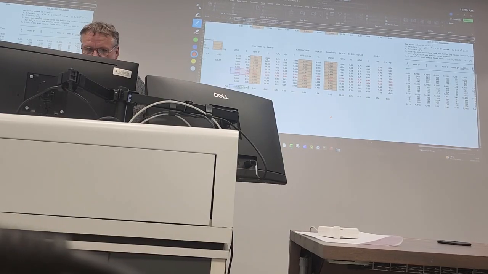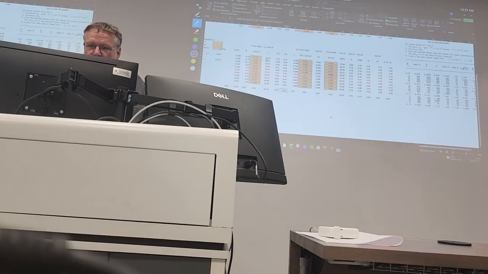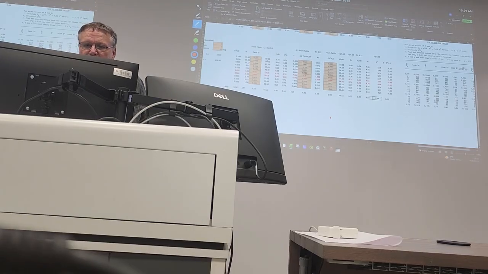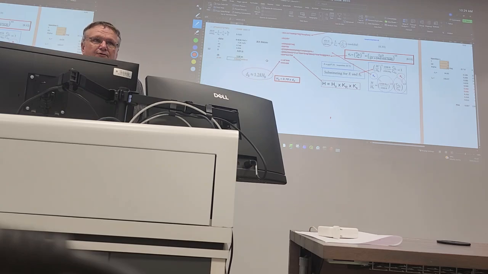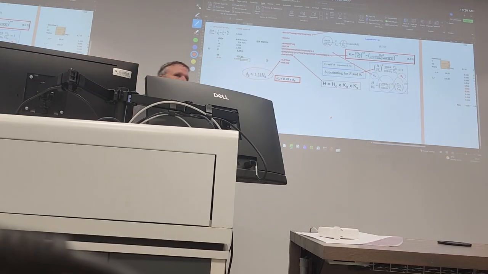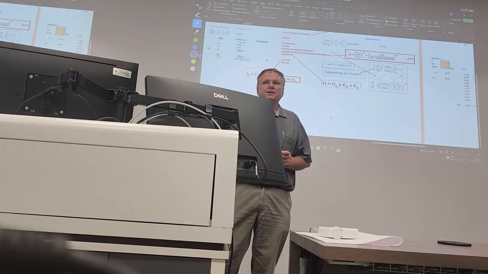Then we were looking for our D, and our D is like 5.94, and in our original calculations 5.94. So we get close to the same answer if you do it the manual way.